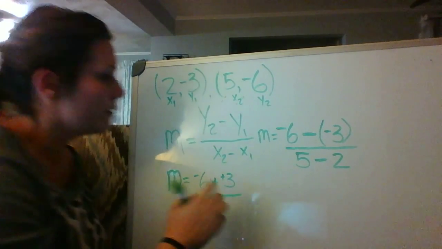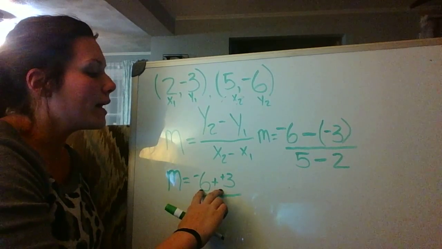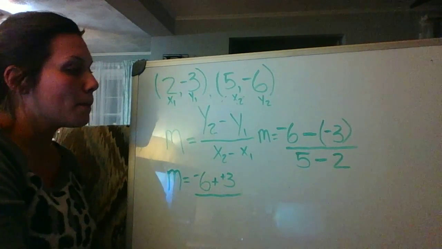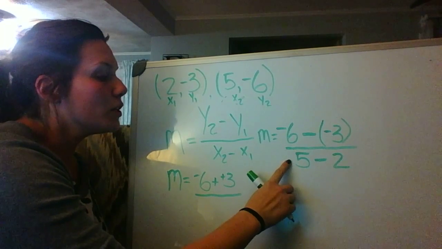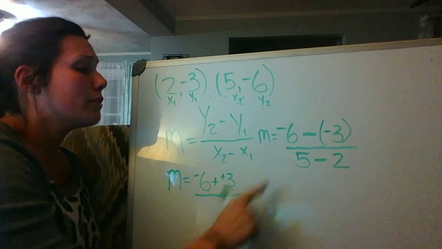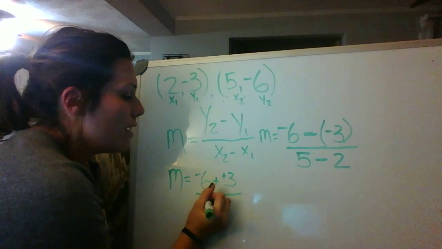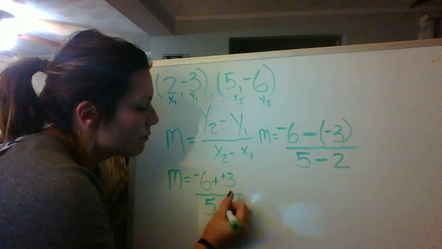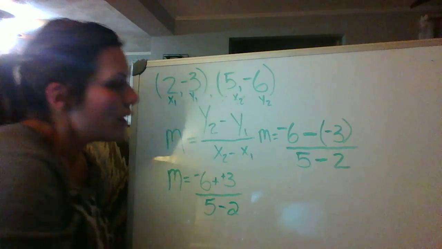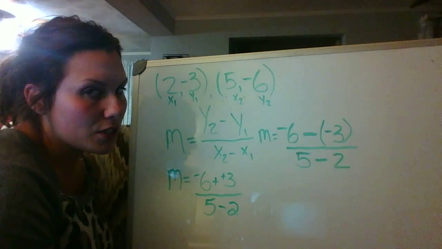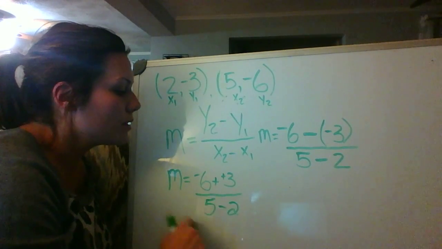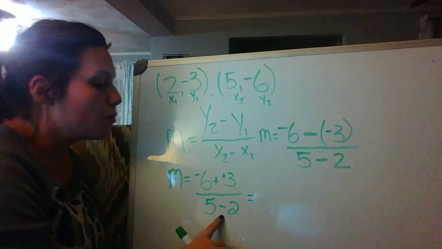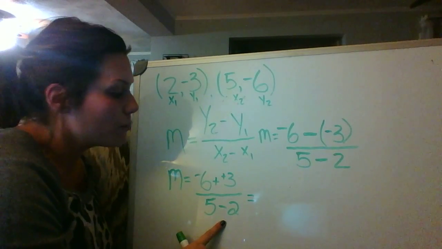So I have my top, I have my y's, my y2 and my y1. Now I'm going to come down here and look at my x's. I'm going to rewrite them. So I have 5 minus 2. And I always like to write my problems so that I would rather have an addition problem to solve rather than a subtraction problem.